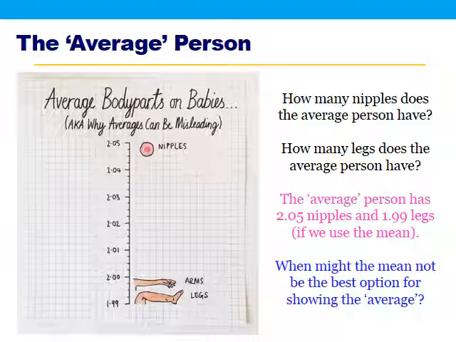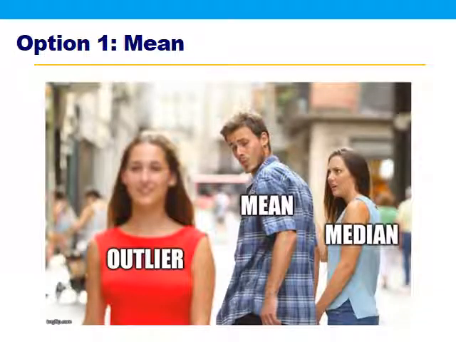Here's one situation: when the majority of people have the same score, right? The overwhelming majority of people have 2 nipples, 2 arms, and 2 legs. But there's a few unusual cases where people might have more or less of one of those things, but those are far from being typical. Now, speaking in broader terms, the situations in which we might not want to use the mean is when there are outliers or unusual scores in our sample.